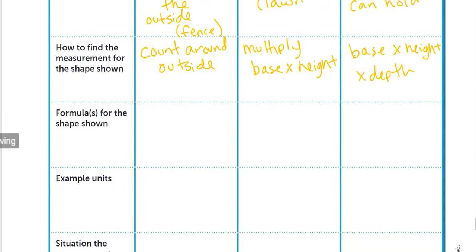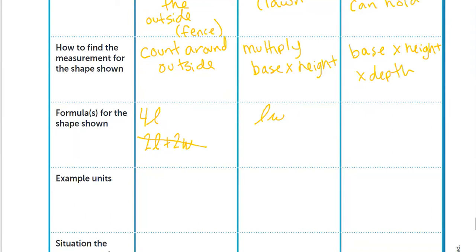If it was a rectangle, it'd be a little bit different, but we're just going to do the length of the side times 4. So 4 lengths. If it were a rectangle, you would do 2 lengths plus 2 widths, but it's not a rectangle, it's a square. For the area for the rectangle, you could do length times width.